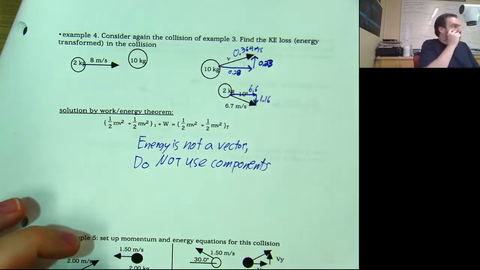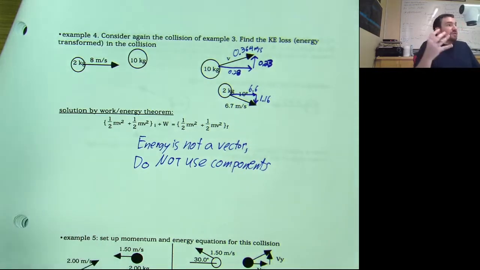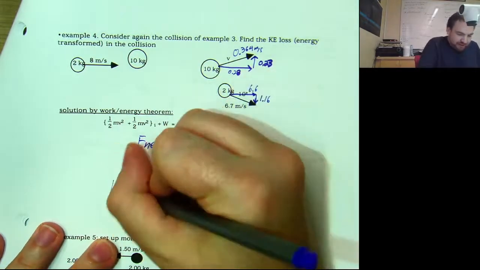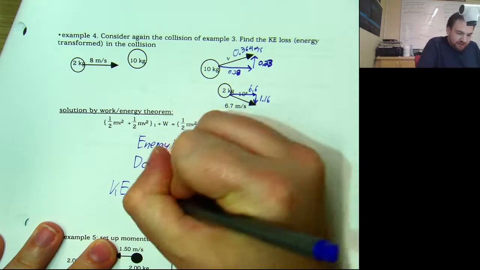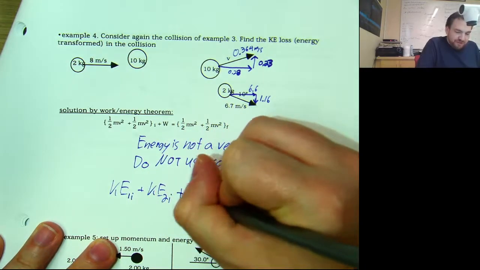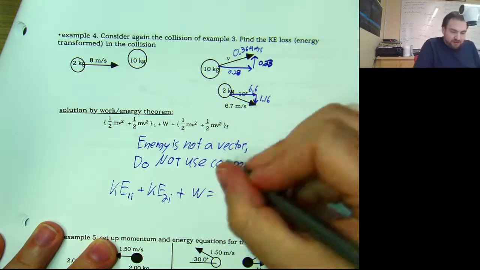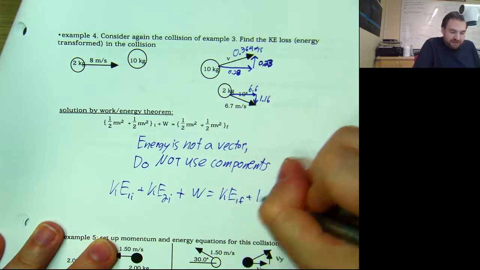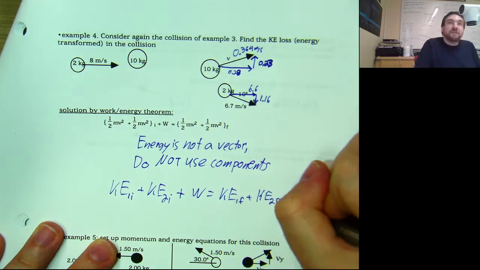So we're going to go straight to, we're just going to use the actual velocities after they've been recombined. So we're going to have the kinetic energy for 1 initially, plus the kinetic energy for 2 initially, plus whatever work was done, is going to equal the kinetic energy for 1 finally, plus the kinetic energy for 2 finally.